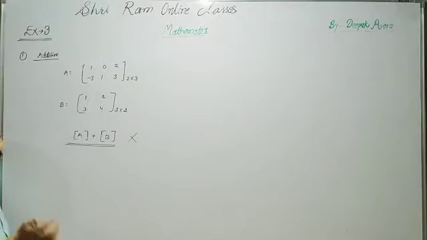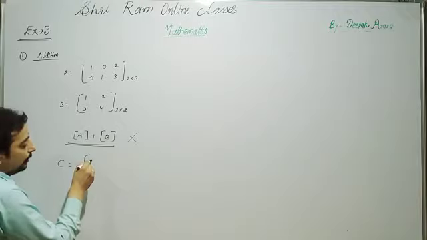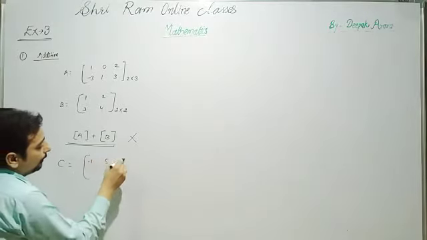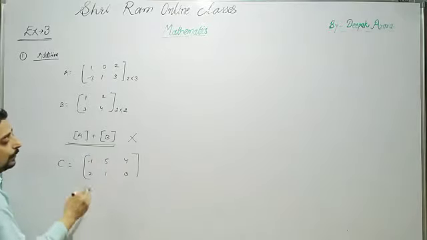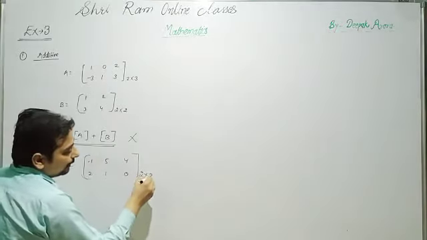Now we take another example, matrix C, with rows minus 1 5 4 and 2 1 0, whose order is 2 cross 3.